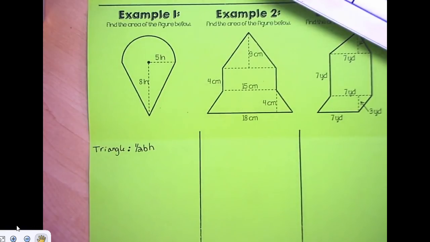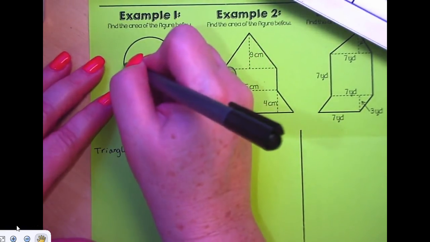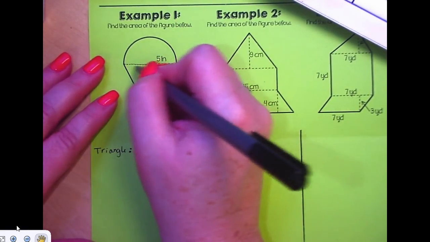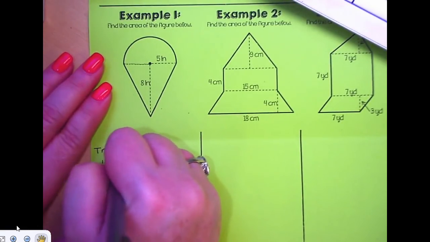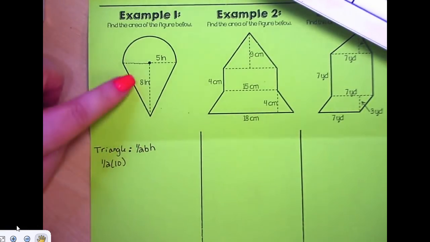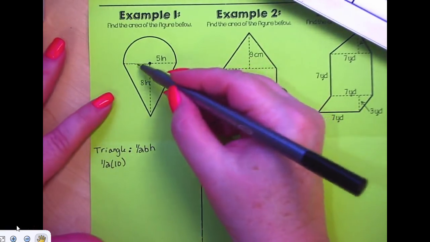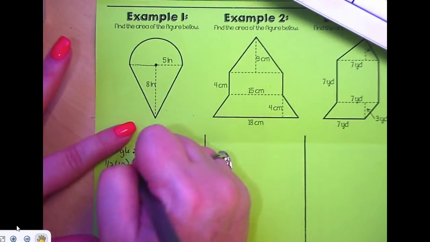What's the base of the triangle? 10, right? If this is 5, over here is 5. So it's going to be 1/2 of 10. And what's the height? 8. Remember, the height goes from the base to the tippy top point on a triangle. Times 8.